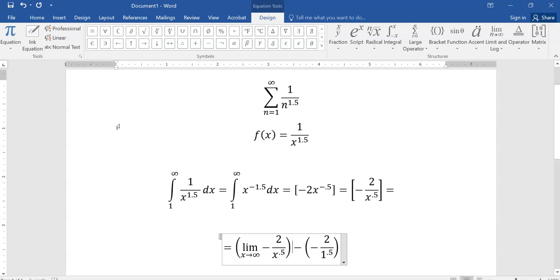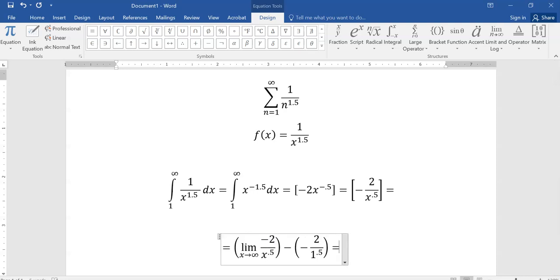Okay. By the way, when you take x to infinity, this denominator is going to get bigger and bigger and bigger. The numerator is just going to stay at negative 2. Denominator, as it gets bigger and bigger and bigger, this whole fraction goes to 0.